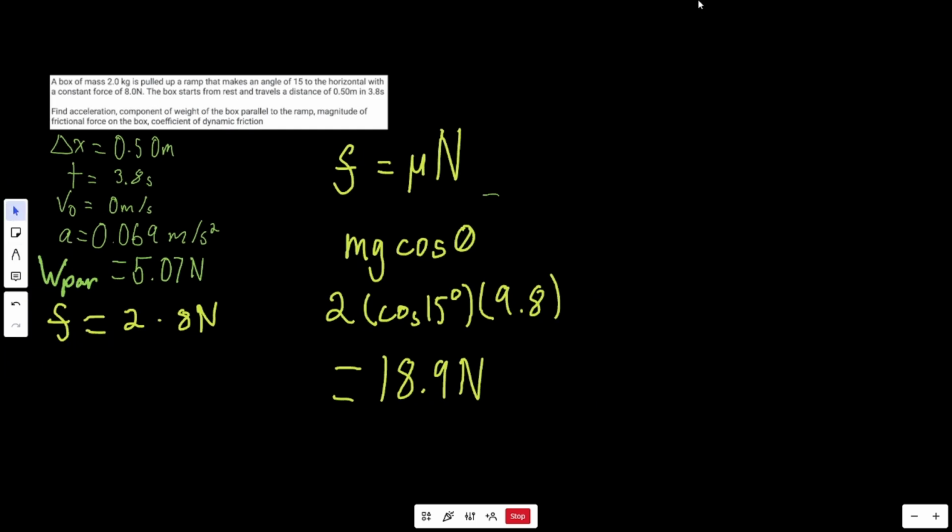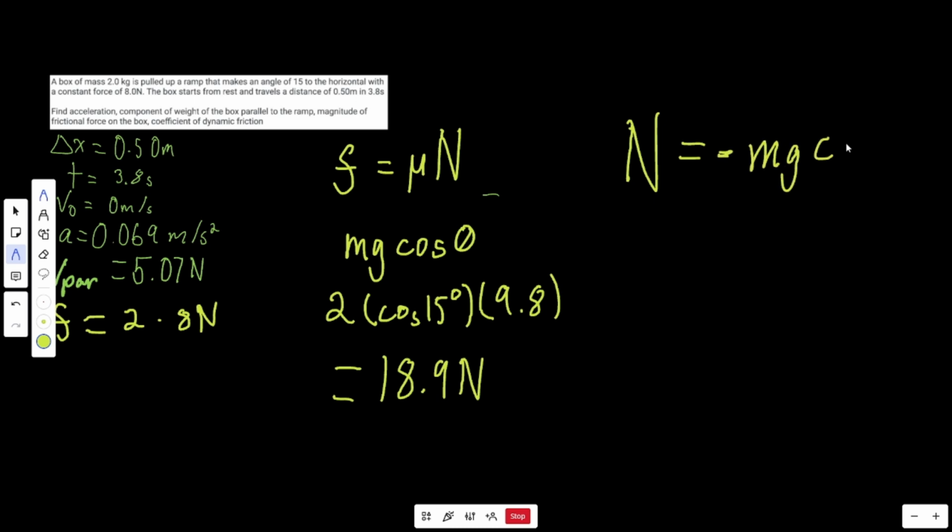The relation between normal force is equal to the negative mg cosine theta. This is a negative symbol, by the way, because it's supposed to be negative 9.8. And our normal force is now going to be positive 18.9 newtons.